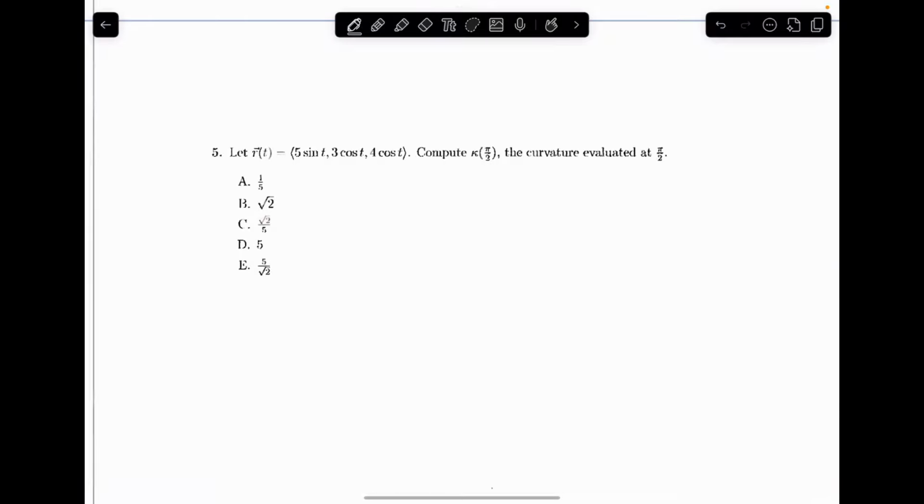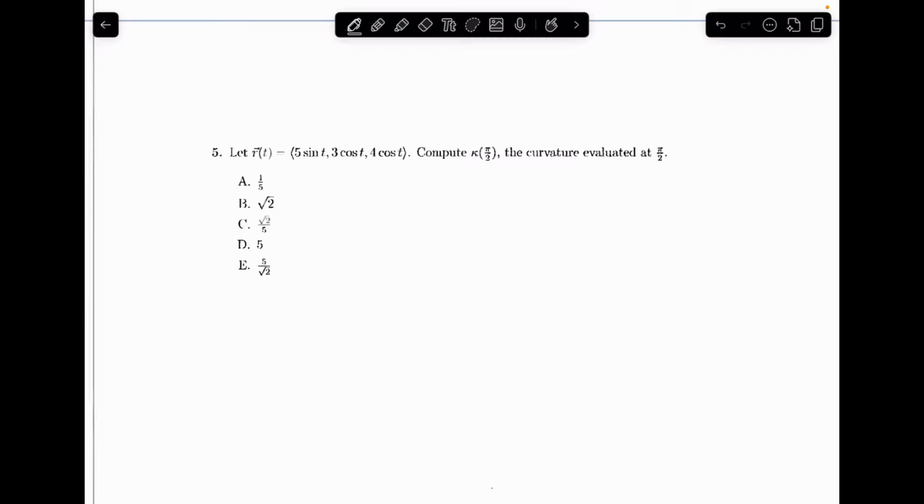Question 5, let r of t equals 5 sine t, 3 cos t, 4 cos t. Compute kappa at pi over 2, the curvature evaluated at pi over 2. All right, so there are two formulas for this.